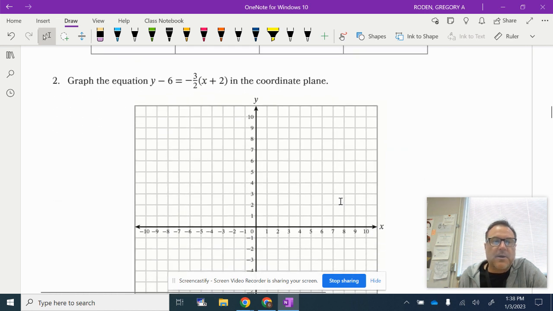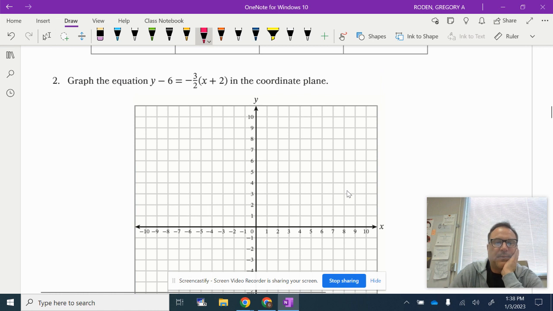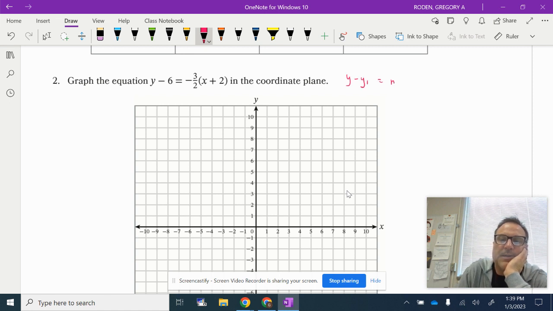Okay. All right, so this one we want to graph this guy on the coordinate plane. Well, let's see the point they give us. So remember, with point slope, it's y minus y1 equals m times x minus x1.